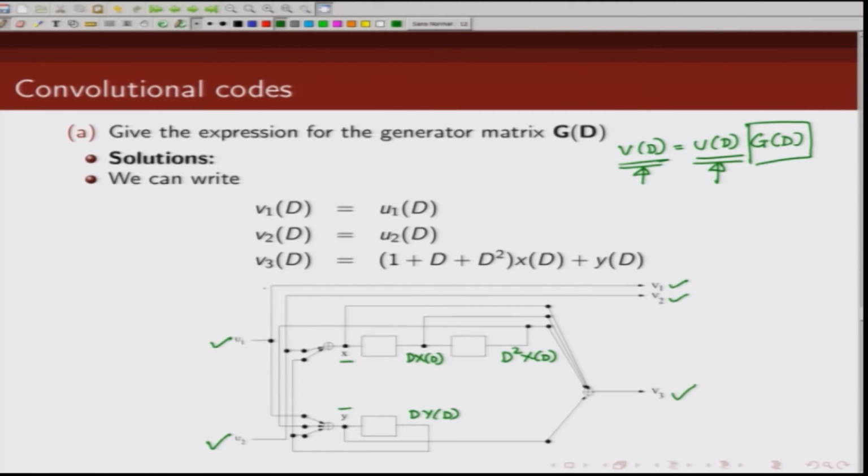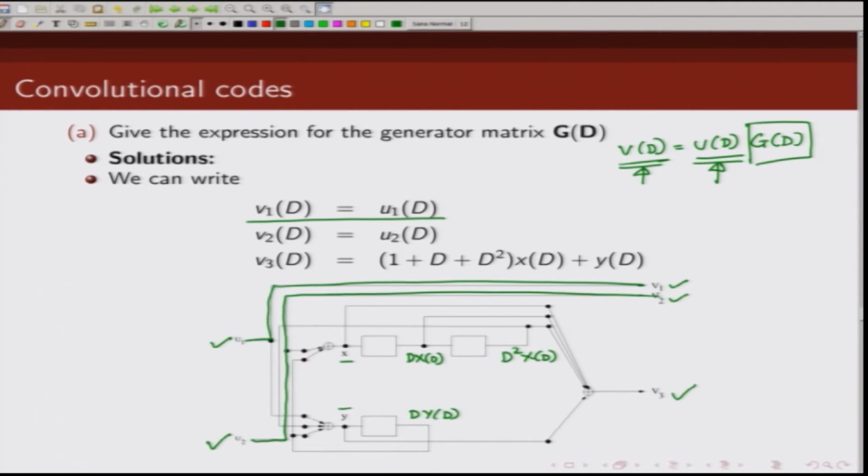You can see this input directly goes here. So, V1(D) is U1(D). Similarly, this input U2(D) directly goes to the output here. So, V2(D) is U2(D).